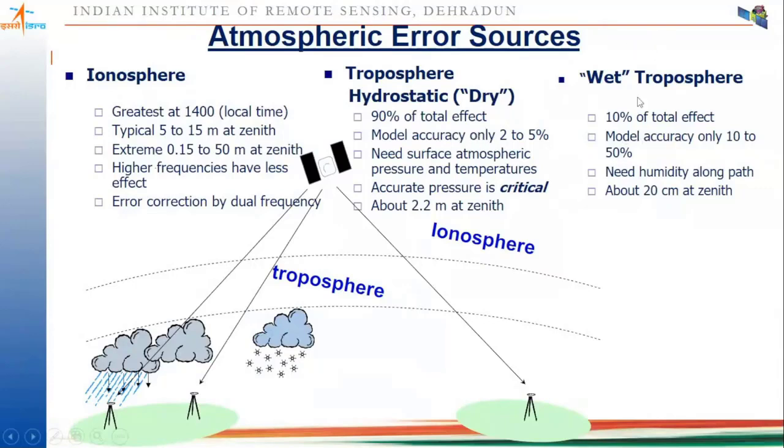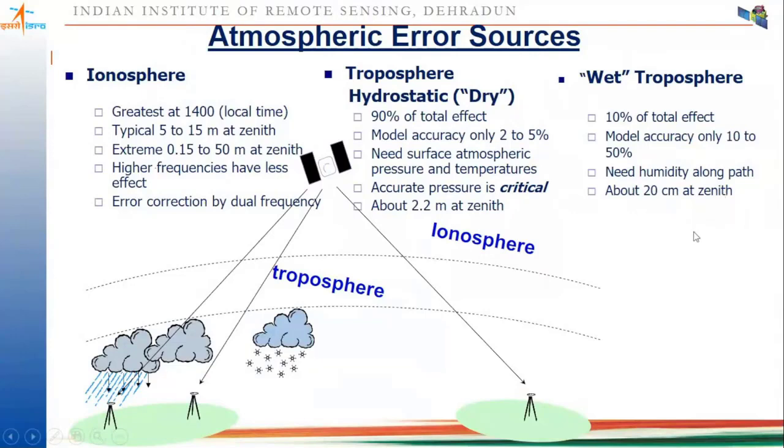Then the wet delay is basically 10% of the total effect. With the available models, the accuracy needs 10 to 15%, and it needs humidity along the path. Then only we can find out how much wet delay there will be. It is around 20 centimeters at the zenith.